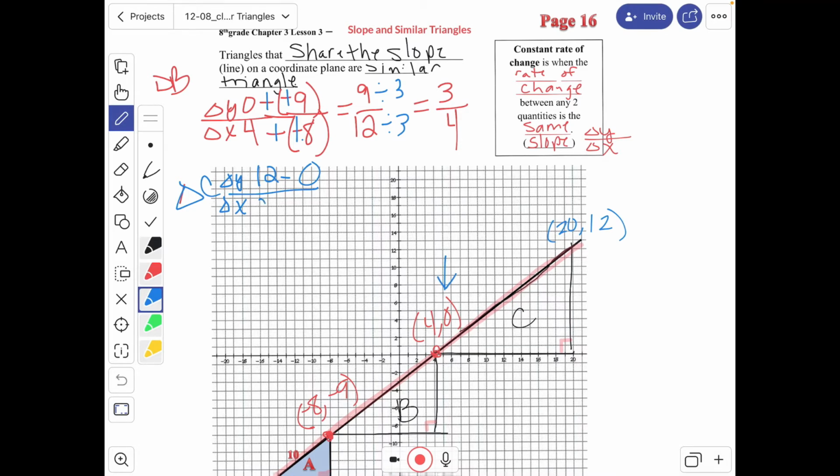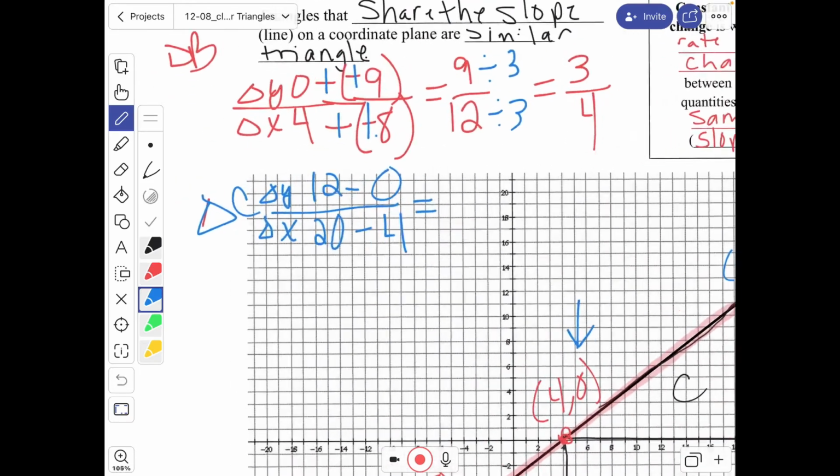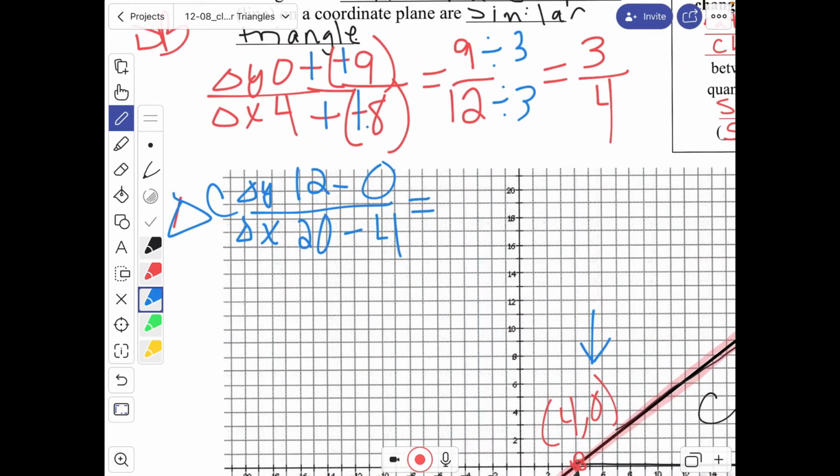And the x that went with 12 is 20, and the x that went with 0 is 4. 12 minus 0 is 12, and 20 minus 4 is 16. And then we simplify. We can divide both of those by 4, and we get 3/4. So indeed, our slopes are the same.